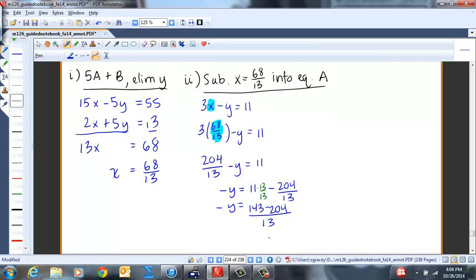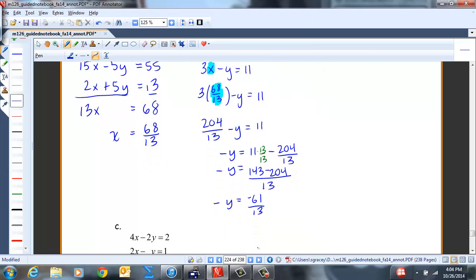And then when I multiply through by negative 1, well, I'll say negative y equals, for this one, 143 minus 204 is negative 61/13. So that gives us that y is positive 61/13.